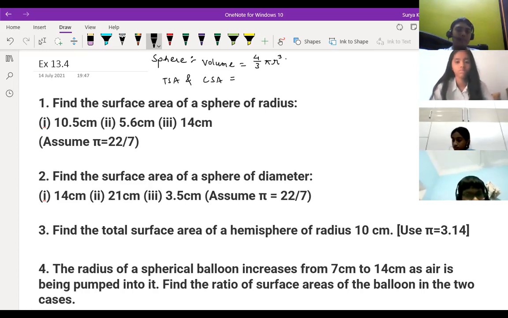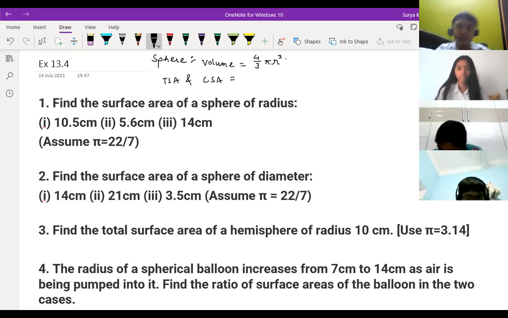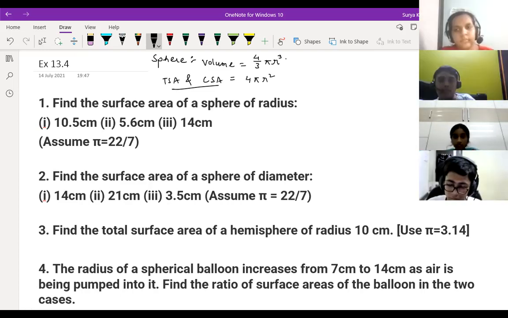There is no separate total surface area or curved surface area, both are the same in a sphere. So we write it as 4 pi r square. How to remember easily? Only see the numerator part. 4 pi r cube is there; in surface area you should write 4 pi r square.